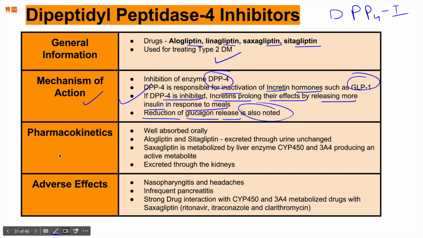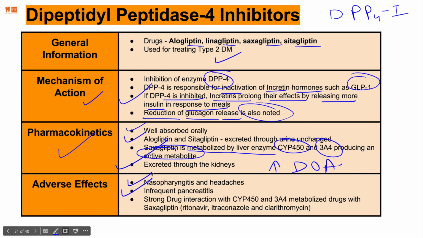That's the goal. Pharmacokinetics: well absorbed orally. Alogliptin and sitagliptin are both excreted through urine unchanged. However, saxagliptin is metabolized by liver enzymes CYP450 3A4, producing active metabolites, which means an increase in duration of action. It's excreted by the kidneys. Nasopharyngitis and headaches are common side effects of DPP4 inhibitors.